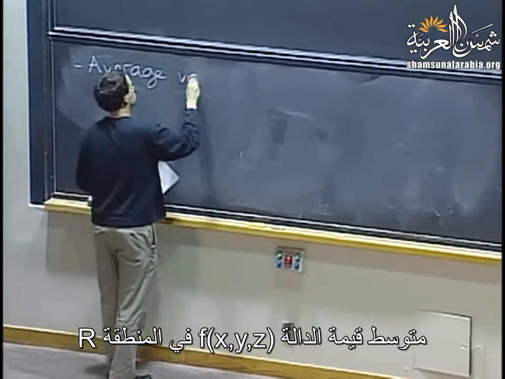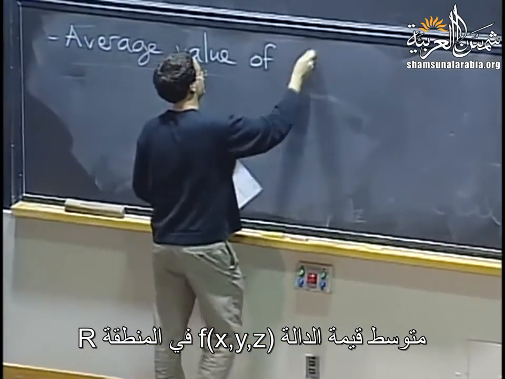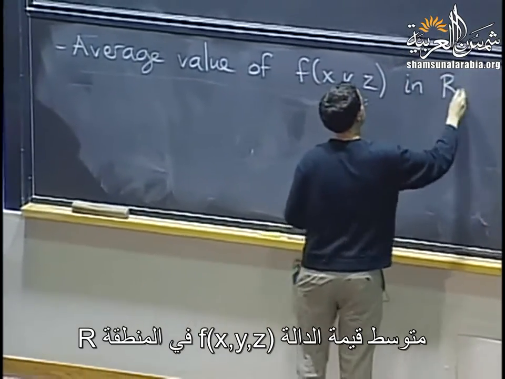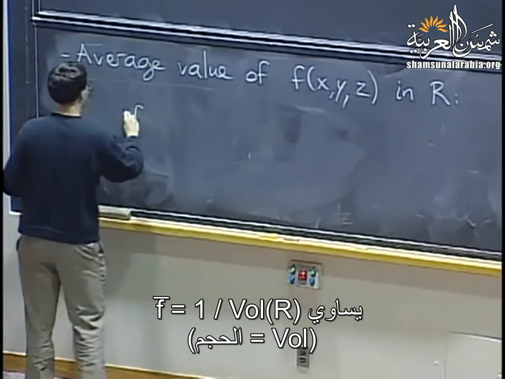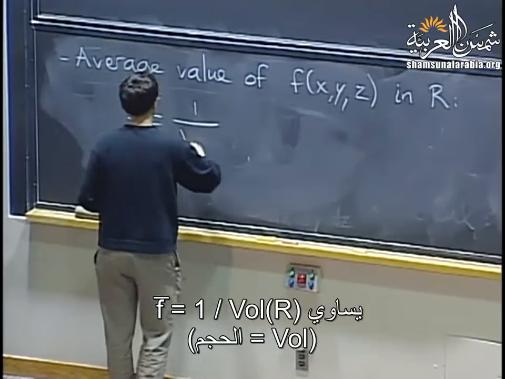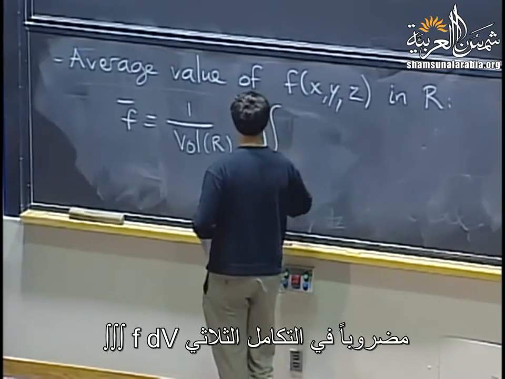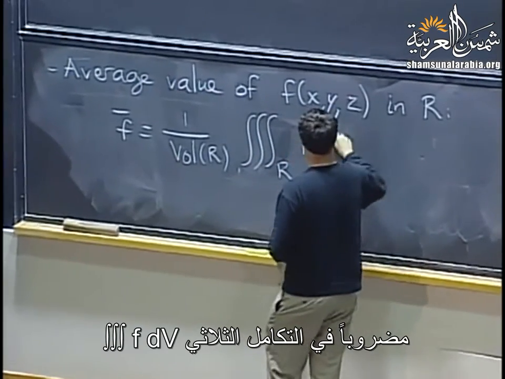The average value of a function f of x, y, z in the region R, that would be f bar, would be 1 over the volume of the region times the triple integral of f dV.